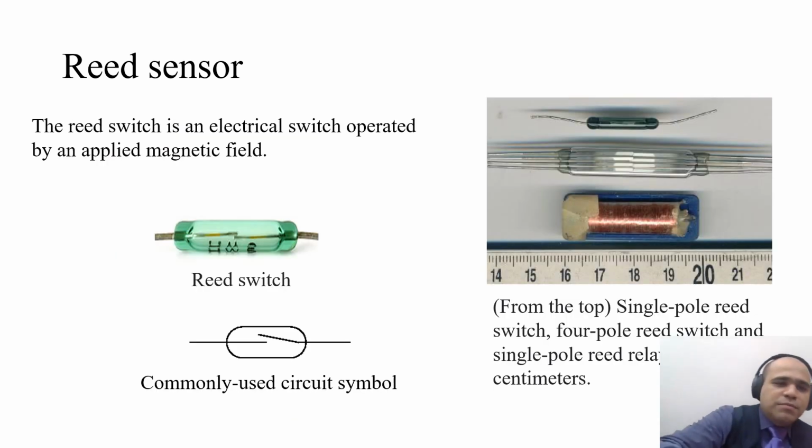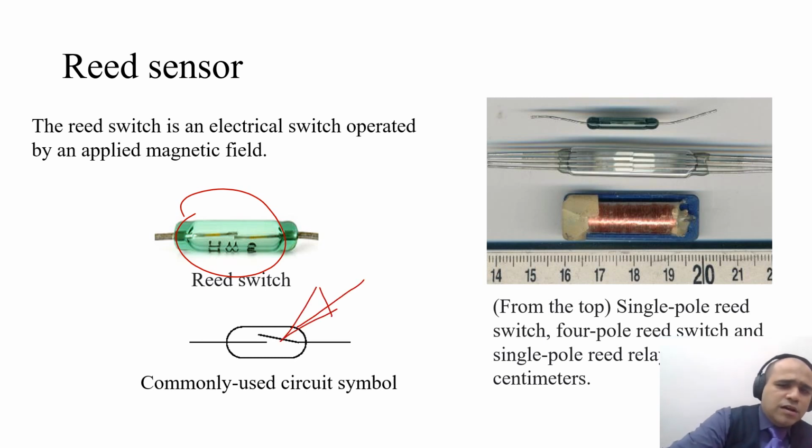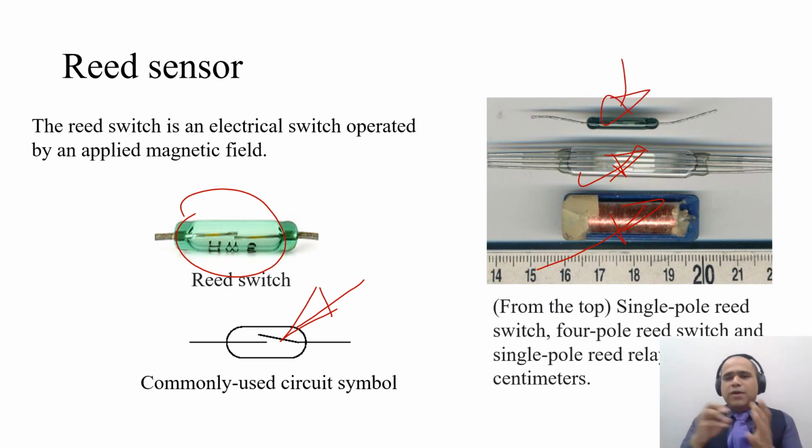This is nothing but a switch that gets activated when a magnet is very close to it. So reed switches are commonly used in many applications. There could be a multi-reed switch, and there could even be a relay-type reed, which is a commonly used relay switch. So when you bring a magnet close to the reed switch, it turns on.